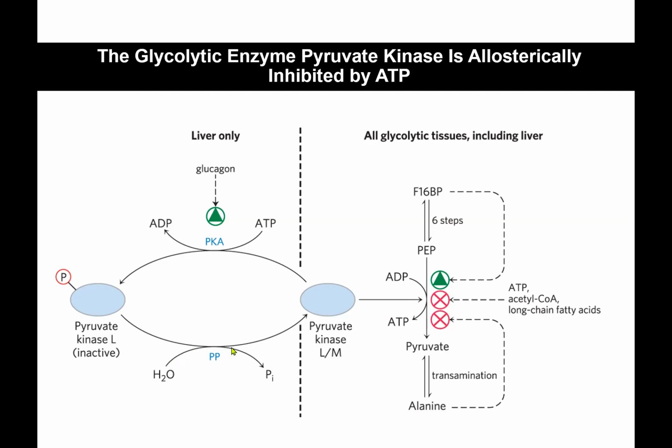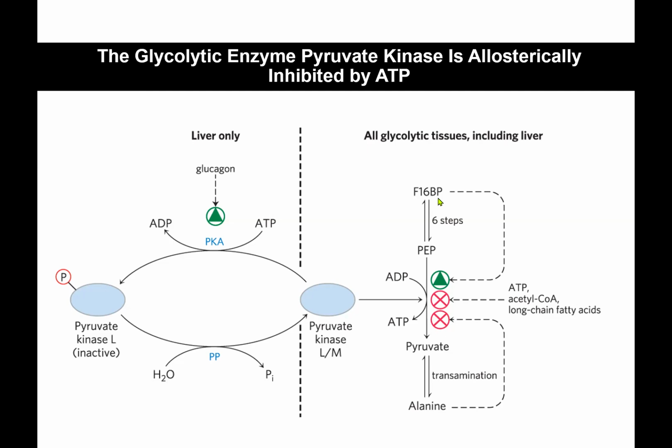So in the case of dephosphorylation, our pyruvate kinase is now activated. But notice that glucagon and insulin are acting through the liver, okay? For other glycolytic tissues, we're back to regulation through other means. What is activating here?